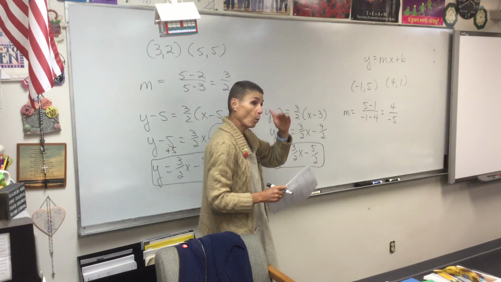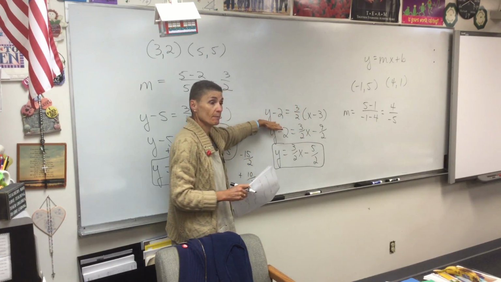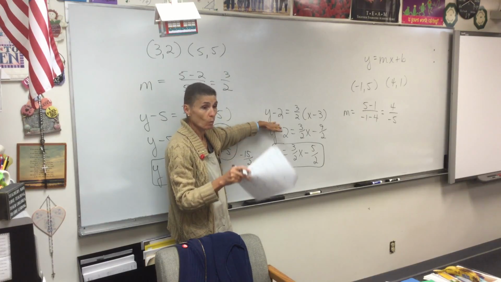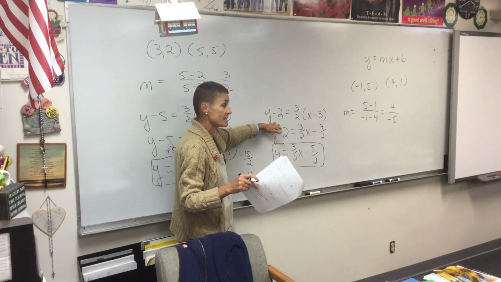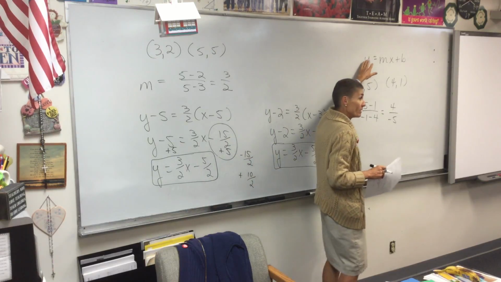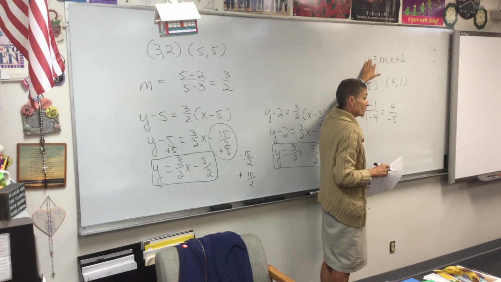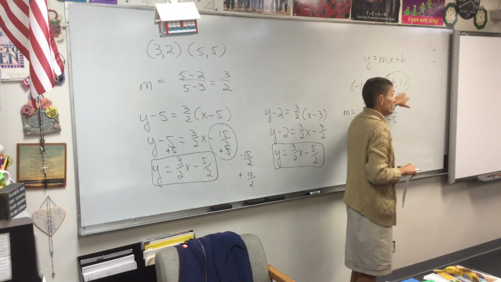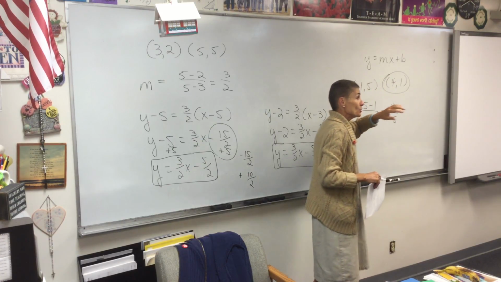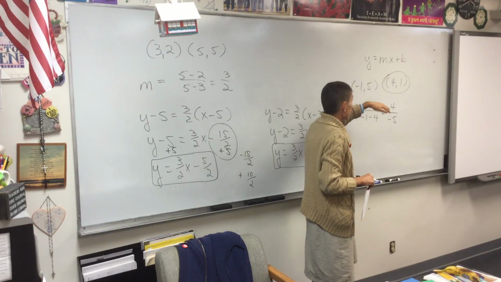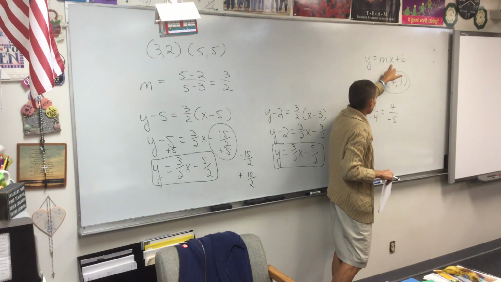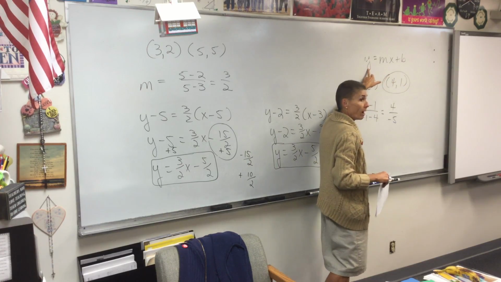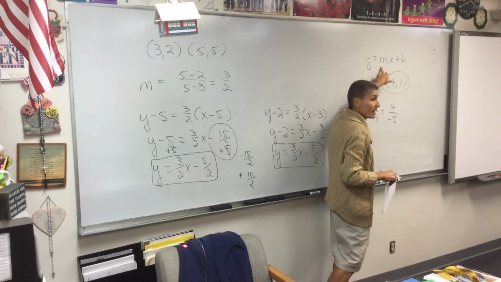Now, with point slope, you said y minus the y equals m times x minus the x. What do you do with slope intercept? You still pick a point, and I'm going to pick that one because they're both positive. You plug x in for x, y in for y, and m in for m.